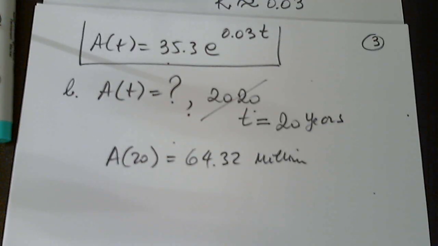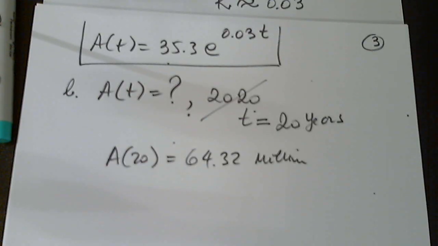In which year, in other words, find the time t, in which year will the Hispanic resident population reach 70 million, assuming the model still holds? Because this model may change. Who knows? But we assume now in part C that the Hispanic resident population model still holds.